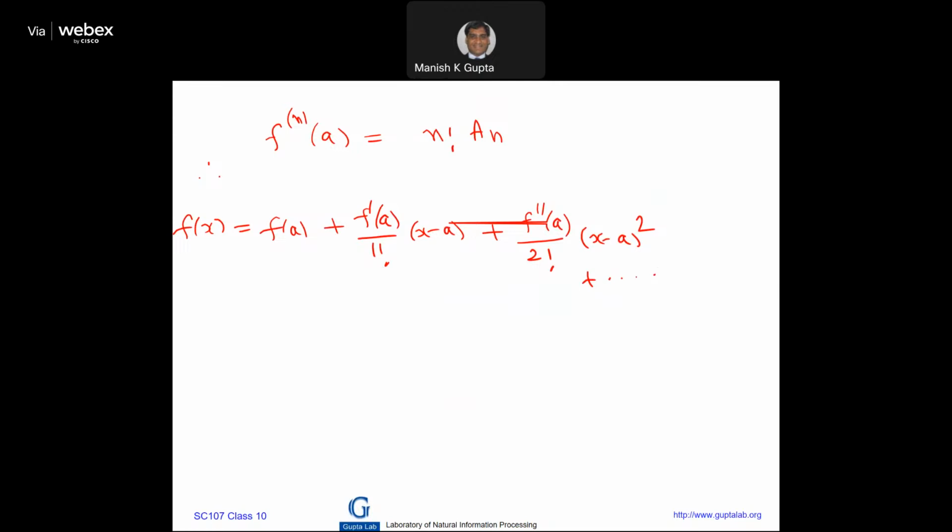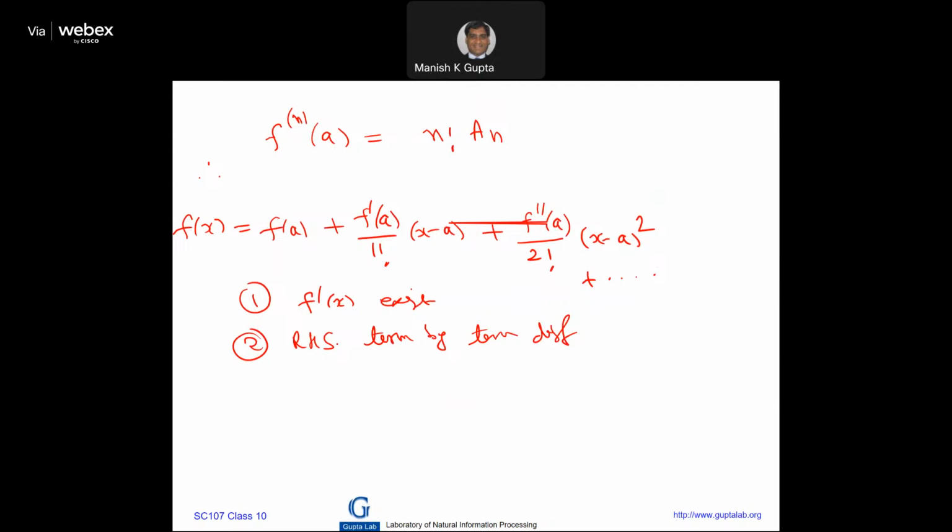This is a series. You can find these coefficients. Here we have assumed, number one, that derivative of x exists, and right hand side derivative can be computed. We can do term by term differentiation, right? Even if the series is infinite, we can do that. These two assumptions we have done in computing this.